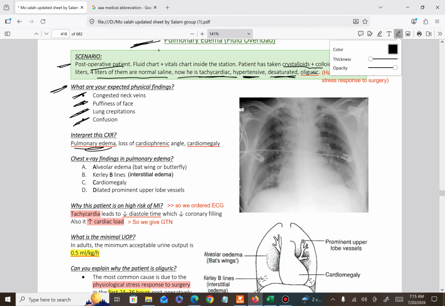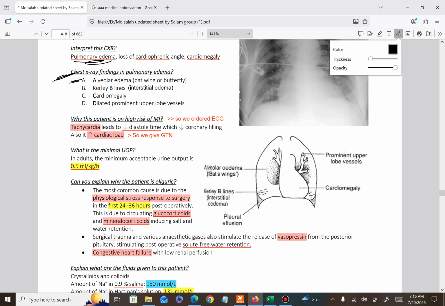Okay, so the chest X-ray findings in pulmonary edema is first A, B, C, D. A for alveolar edema, which is called bat wing or butterfly edema.